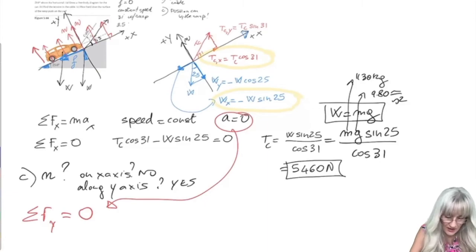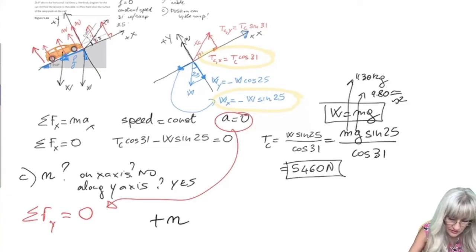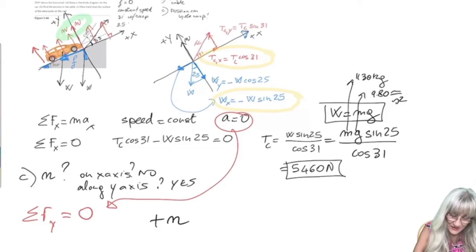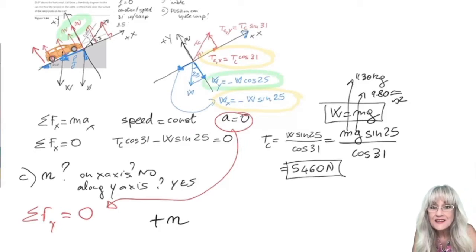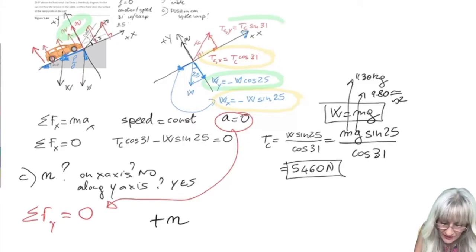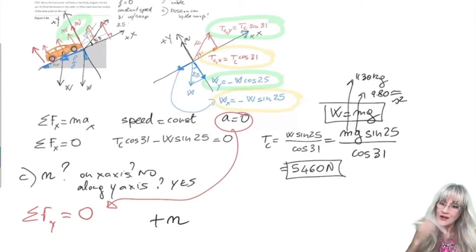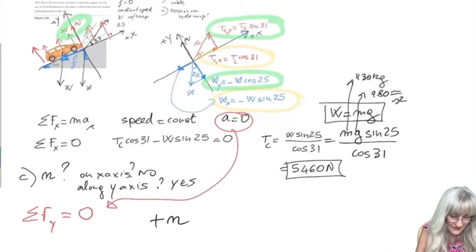So you have a positive normal pointing up right here, look, right there in this green, positive, right? Then what do you have? A negative component of the weight and also a negative component of the tension in the cable. Let's use them all, highlighted.